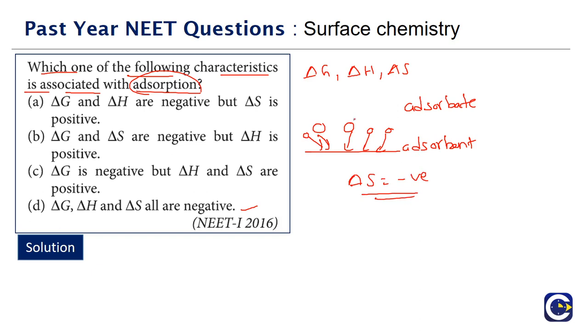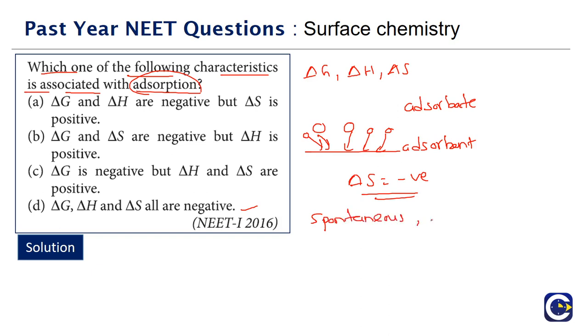So when they are in the gas medium or liquid medium, they'll have a higher degree of freedom, and when they are coming and settling on the surface of adsorbent, the degree of freedom will be reduced. So the adsorption process will be entropy negative process. And adsorption is a spontaneous process.